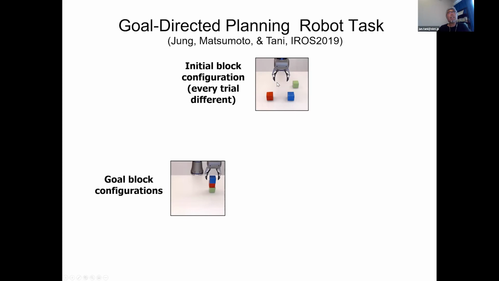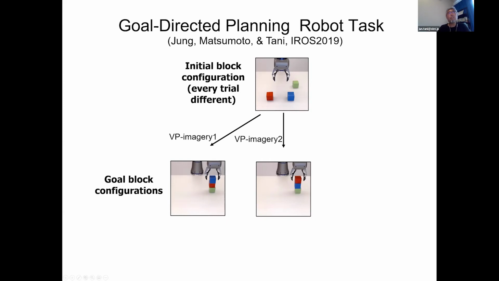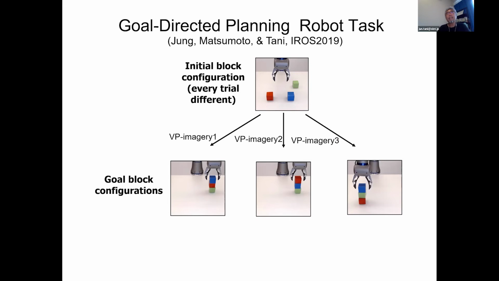The robot has to mentally generate the visual proprioceptive pathway of reaching and achieving this goal. So that is VP image 1. Then with a different initial configuration and a different goal, you get another visual proprioceptive plan, which is again something like that.